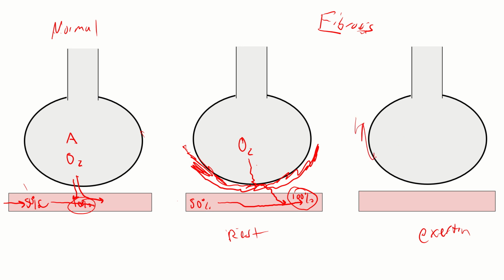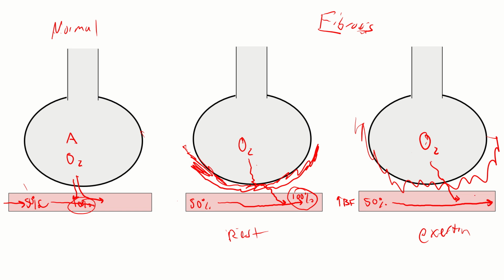This can be a little bit different with someone with fibrosis when they start exerting themselves, right? They have the same decreased oxygen diffusion, a hard time getting across, but now their blood flow is increased because they're exerting themselves. So they have increased blood flow through the capillary, starts at 50%, but it's going through so quickly across the capillary that oxygen is not able to diffuse quickly enough.